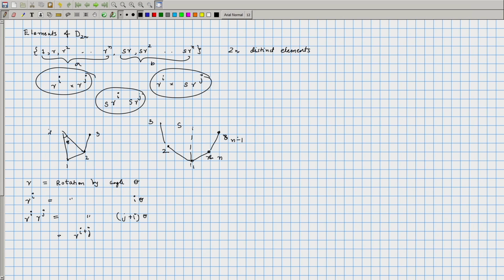In order to understand R raised to I times S R raised to J, we will first look at the simplest of these. We will look at the simplest of symmetries involving S, namely SR. SR basically means we rotate by R and then do a flip. So, let us draw this.